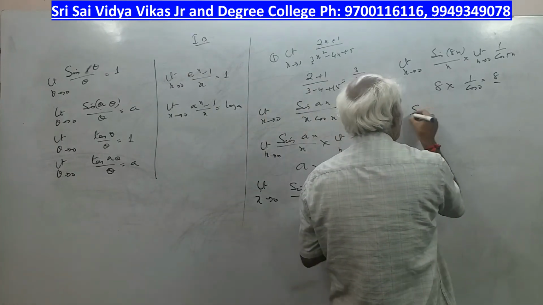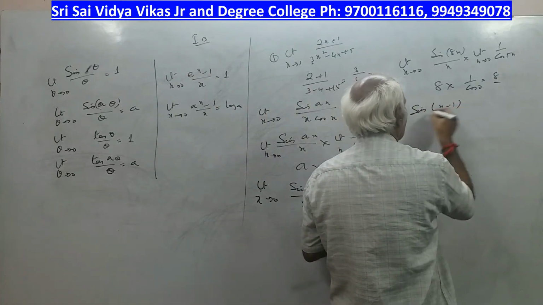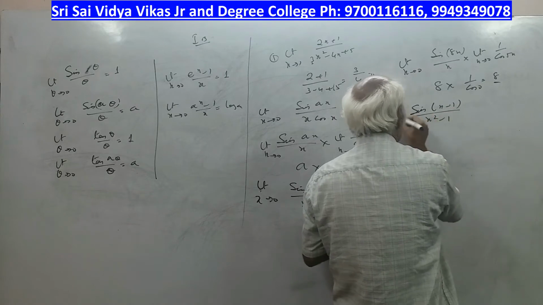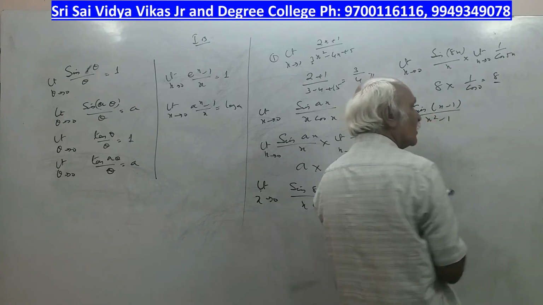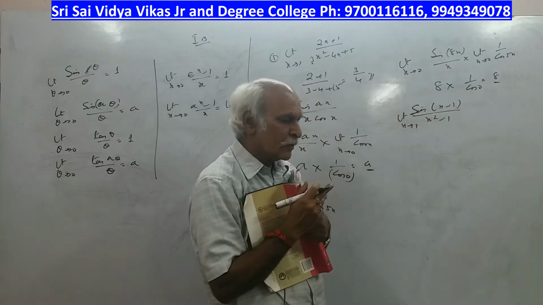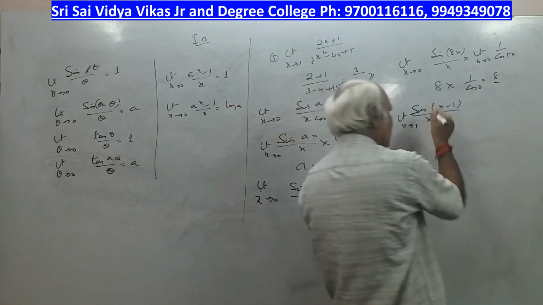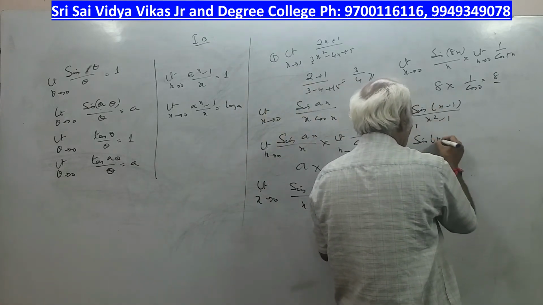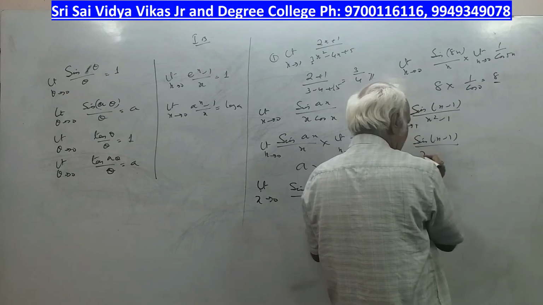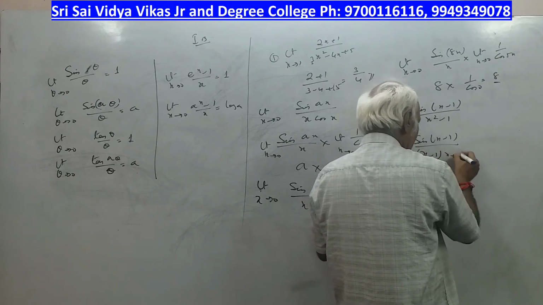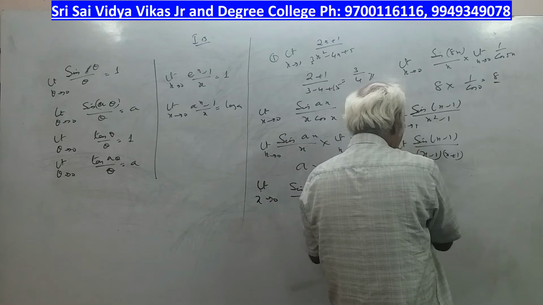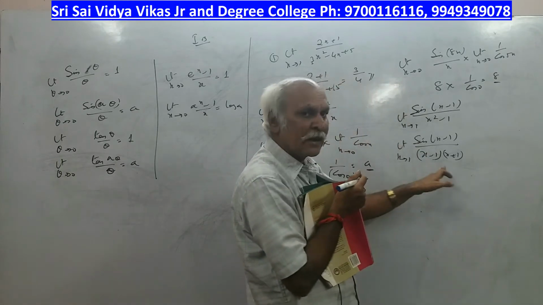Look at the next one. Limit x tends to 1, sin of x minus 1 by x square minus 1. What I am doing here? Observe here, x tends to 1. Using a square minus b square equals a minus b into a plus b, this becomes sin of x minus 1 by x minus 1 into x plus 1.